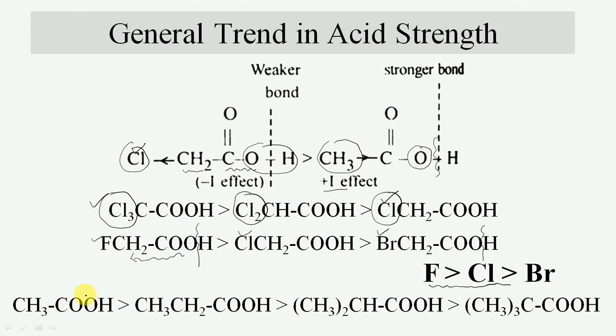In the case of electron releasing groups, here only one methyl group is attached to the carboxylic group, here an ethyl group is attached, here 2 methyl groups are attached, and here 3 methyl groups are attached to the carboxylic group. So the electron releasing effect is maximum in this case and minimum in this case.